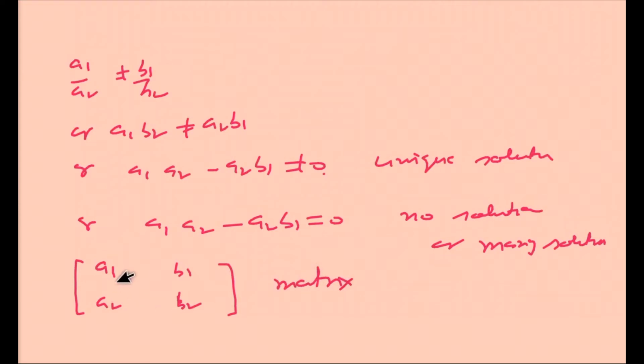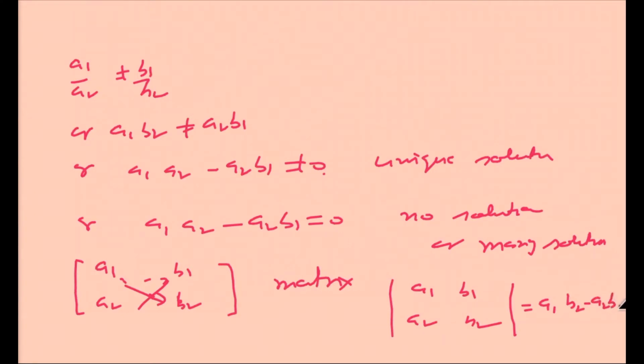Now if we multiply this and subtract the product of this, we get this value. So the determinant with rows a1, b1 and a2, b2 equals a1 b2 minus a2 b1. This value can be expressed by these two lines.